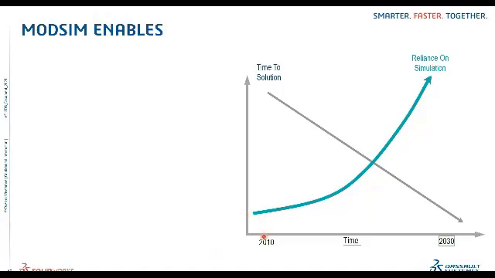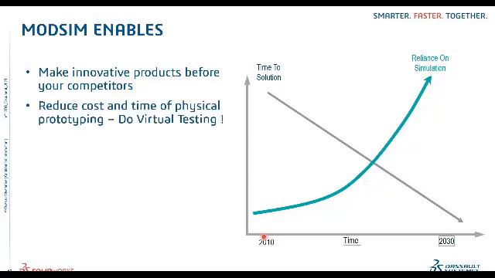Since 2010, when Dassault Systèmes launched this approach of modeling and simulation, over a period of time lots of people and companies are adapting to the system, where they will be able to reduce their time to market and complete the new product development cycle to the greatest possible extent. So make innovative products before your competitors, and reduce the cost and time of physical prototyping.